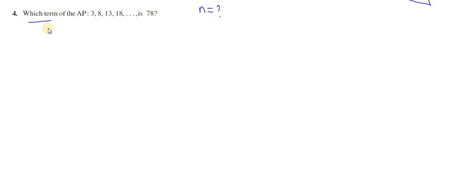Here a1 is equal to 3, a2 is equal to 8, a3 is equal to 13, and a4 is equal to 18. They have given the last term, an is equal to 78.